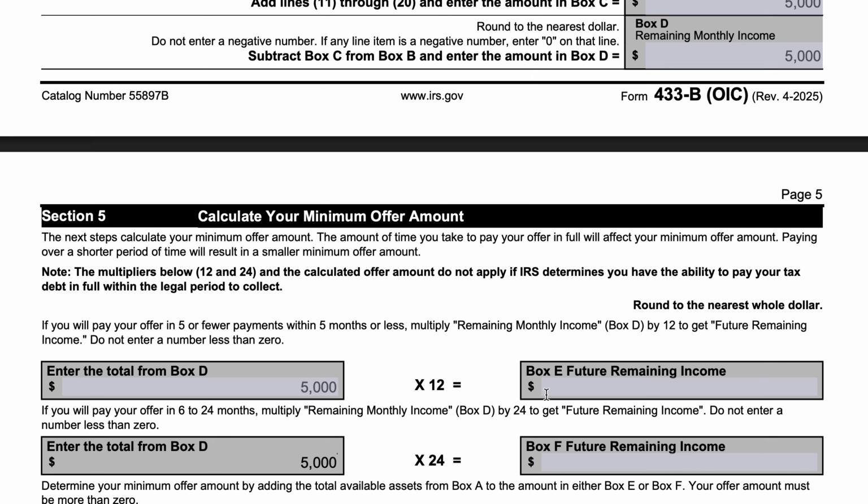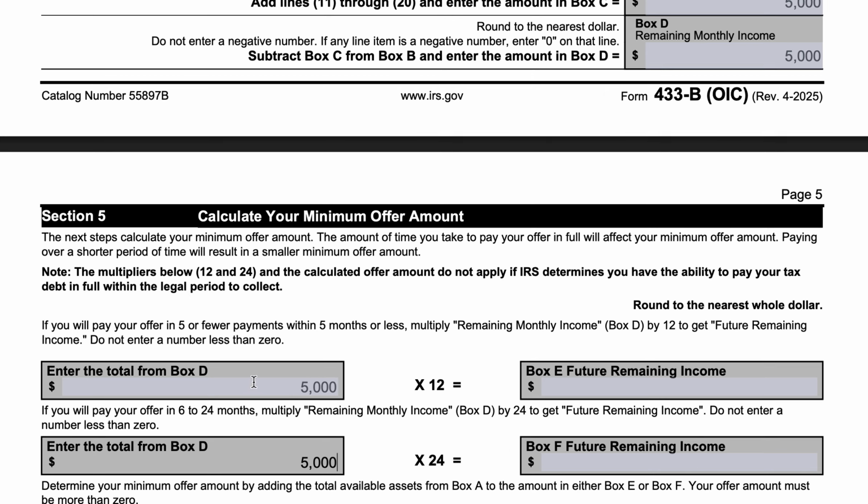If you're able to pay off your offer in compromise in 5 or fewer payments over a time frame that's 5 months or less, then you get to use this top one, which is a smaller amount. If you're going to pay your offer over a 6 month to 2 year time frame, then you would need to use this bottom one, which is going to be a different number. And it's literally twice as much.